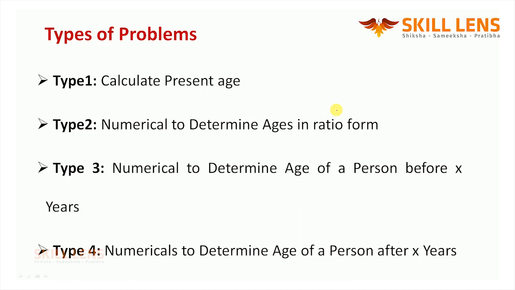After X years how much, or he may ask X years hence how much, which is the same, or he may ask X years ago how much is the age. These types of questions you will encounter in this concept. So let's get into the questions.